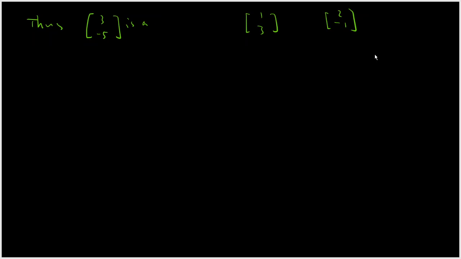To say some vector is a linear combination of some other vectors, you say this one is a linear combination of some vectors S. I'm going to write that vector as a linear combination, let's say 3, -5.